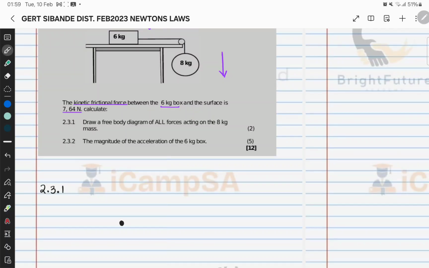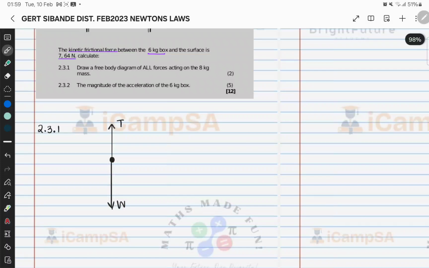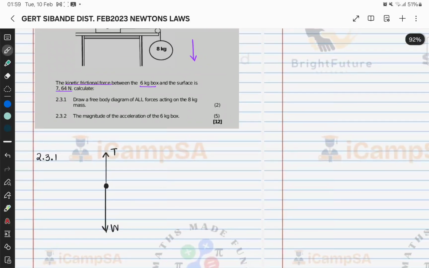So this is the 8 kilogram block, and up there we have tension, and down we have the weight of the block. Some call it FG. It's up to you, whatever you've been taught. I just prefer W. Notice that my arrow for the weight is longer than my arrow for tension. Why? Because weight is greater than tension in this case.